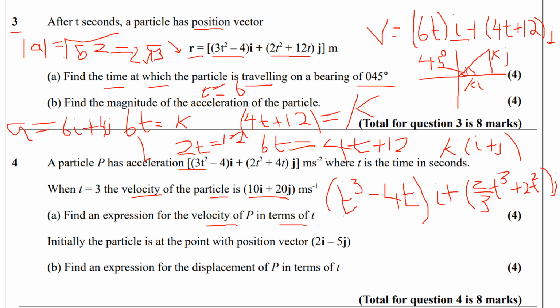Now, back to the question, because it's always important to read the question. It says when t is 3, so we're going to substitute 3 in here and compare our coefficients.